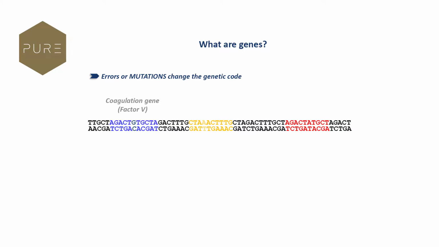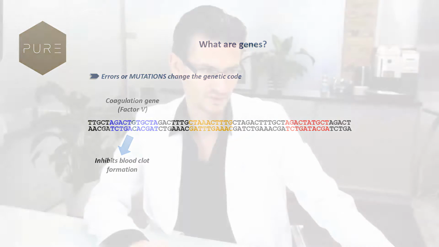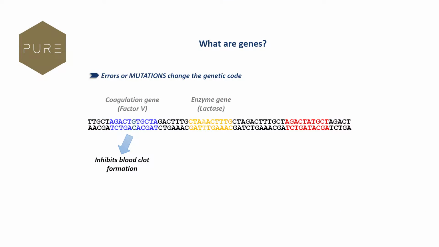And here is an example. I have 3 genes. One of them is a coagulation gene. It's factor V. And this gene inhibits blood clot formation in the bloodstream, because you do want the wound to close up through blood clotting if you cut yourself, but you don't want this happening in the blood vessels. Then there is an enzyme gene.